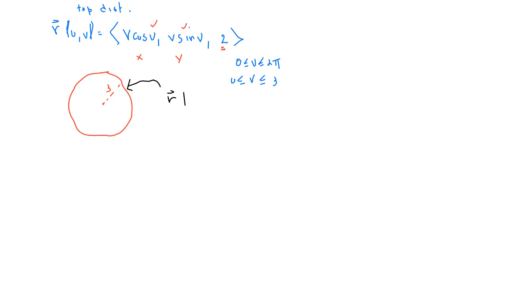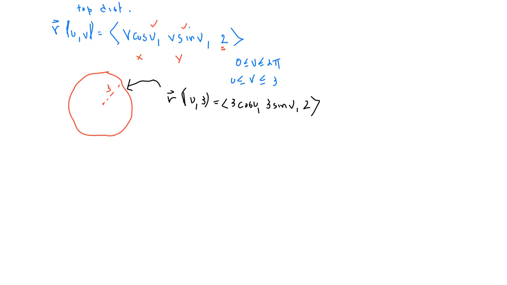Do you see that that outer space curve would equal R of u and 3, which is 3 cosine u, 3 sine of u, and it has a height of 2?